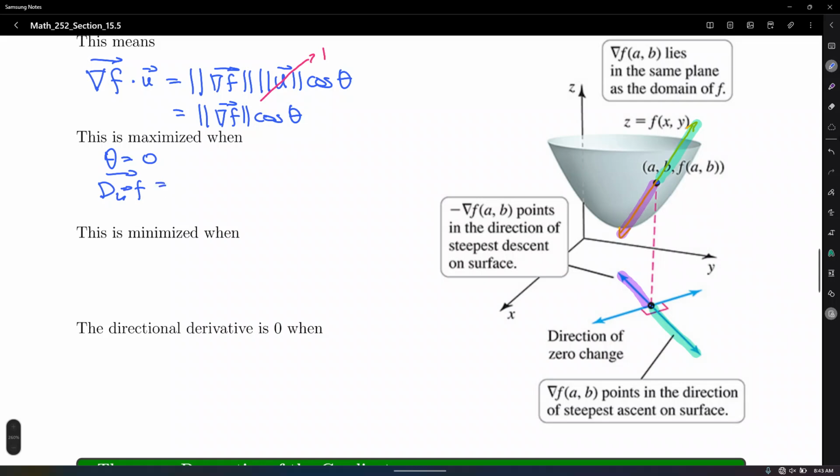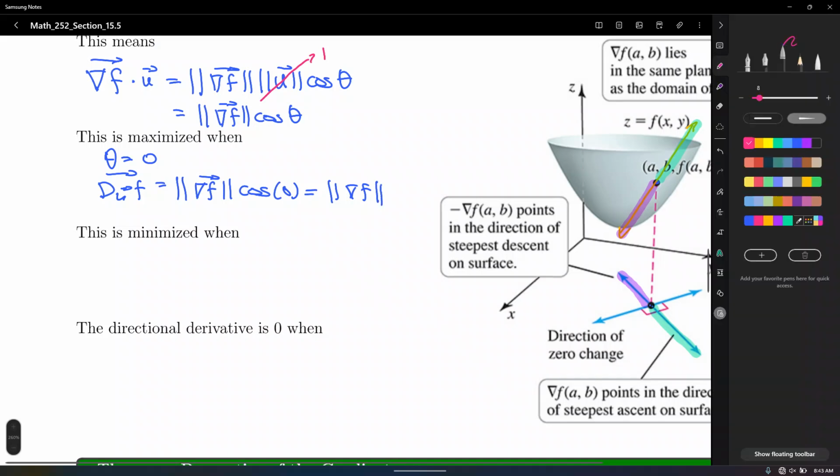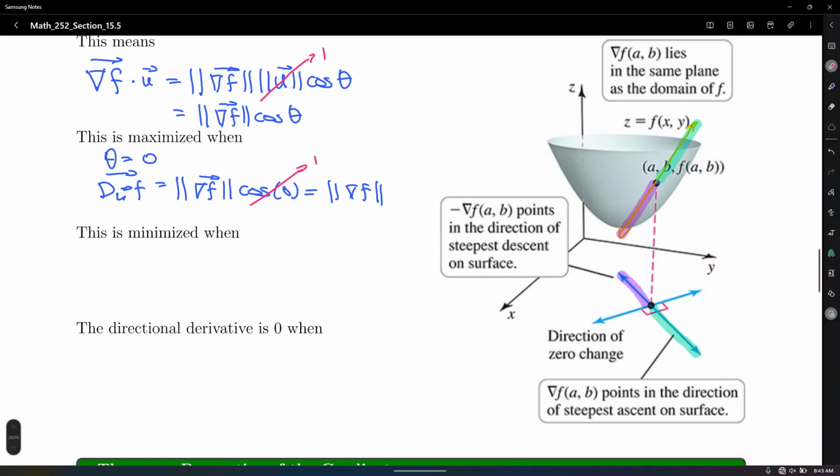That is the magnitude of nabla of f times cosine of 0, which is simply the magnitude of nabla of f, because cosine of 0 equals 1. 1 times the coefficient, just the coefficient. But this special coefficient is, guess what? The gradient, nabla of f.